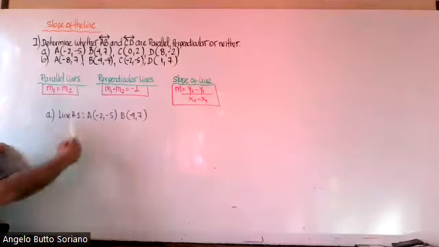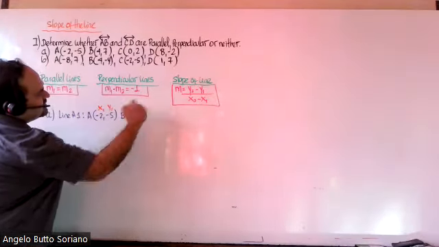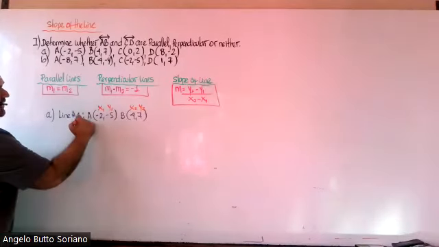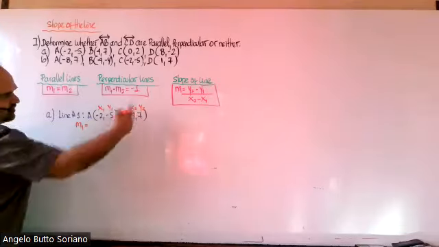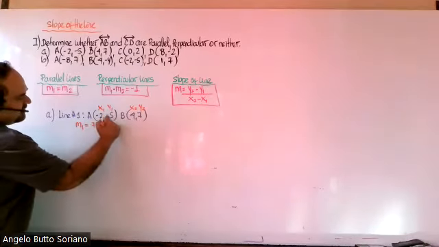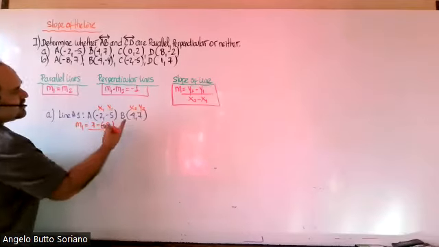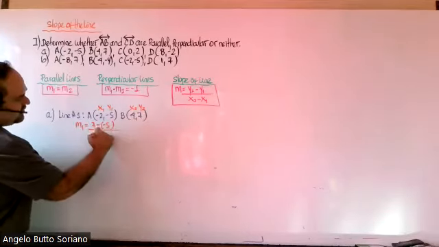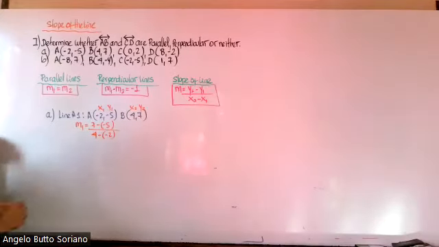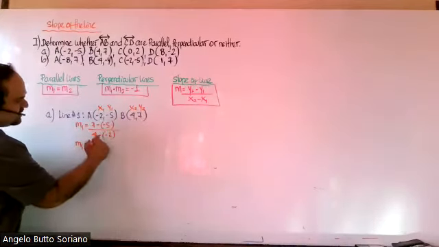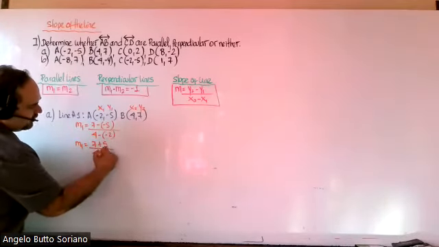We can call these x1, y1, and x2 and y2. Let's begin. M1 equals y2 minus y1, I mean 7 minus -5, over x2 minus x1, 4 minus -2. What will be the value of M1? Simple. 7 plus 5 over 4 plus 2.